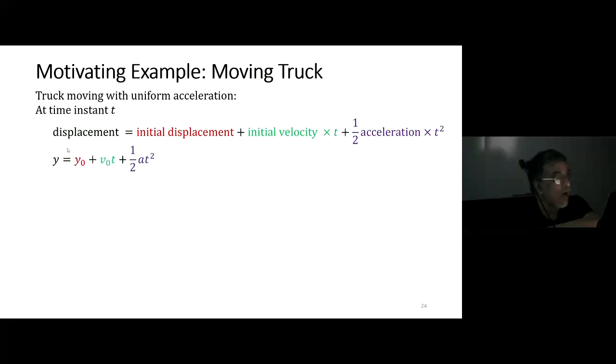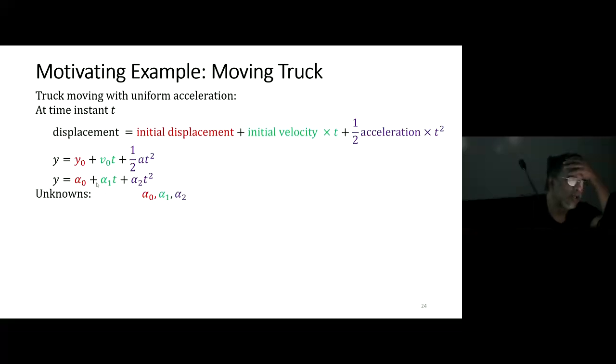Or y, the displacement at time t, is y naught plus v naught, the initial velocity, times t plus half acceleration times t squared. Now, we don't know what the initial displacement, initial velocity, and acceleration are. These are unknowns.